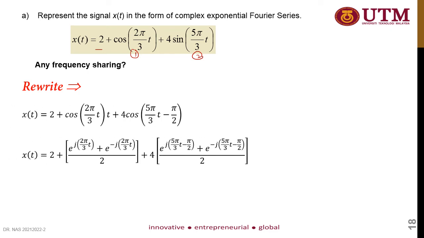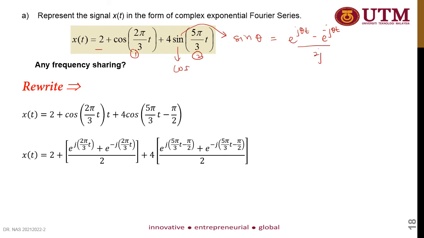So I will advise you to convert the sine function into cosine function, so it will be much easier to process later on. Or else you can also convert the sine function straight away into exponential form by using Euler's theorem, in which sine theta is equal to e^(j theta) minus e^(minus j theta) divided by 2j.